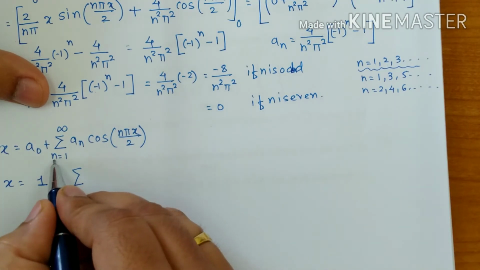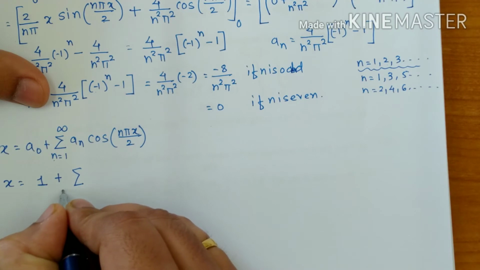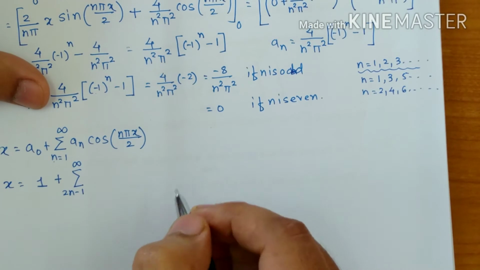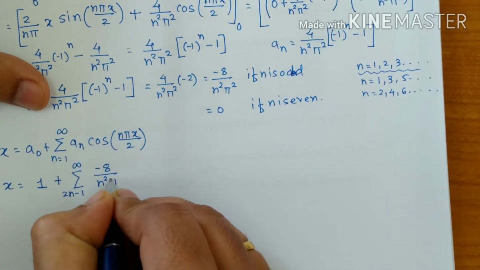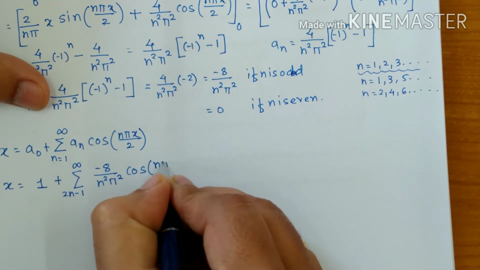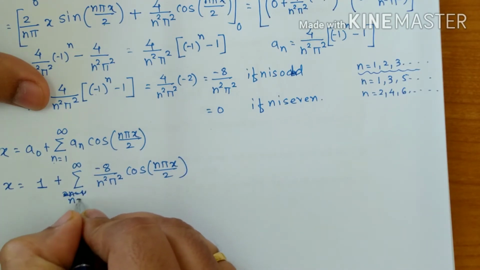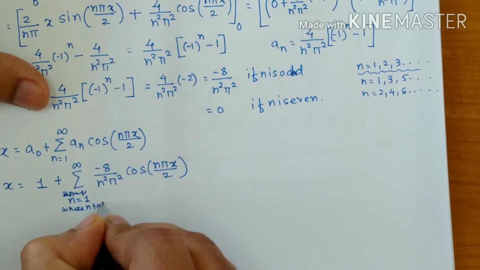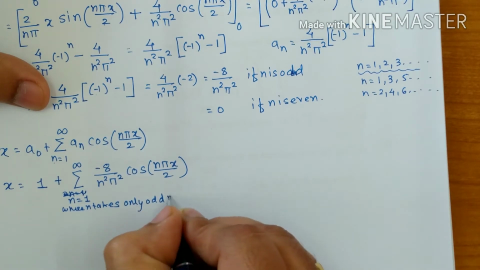Now see, I am going to select only odd places terms, hence here I'll write 2n minus 1 to infinity. The value of a n is minus 8 upon n square pi square cos n pi x upon 2. Okay, instead of writing 2n minus 1, what I write? n is equal to 1 to infinity, where n takes only odd numbers.